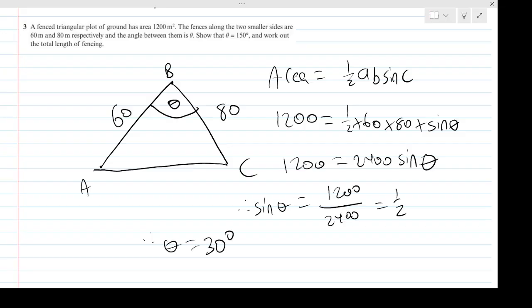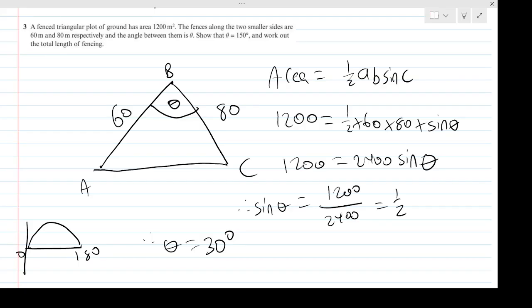But I will always have to consider another solution, right? Because I'll get another angle again. It helps me visualise, so I can do the sine graph between 0 and 180. I only need to consider up to 180 because that's what the angle could possibly be, because it's in a triangle.